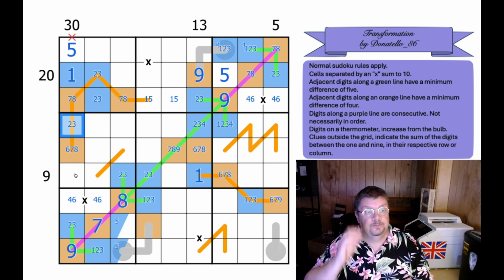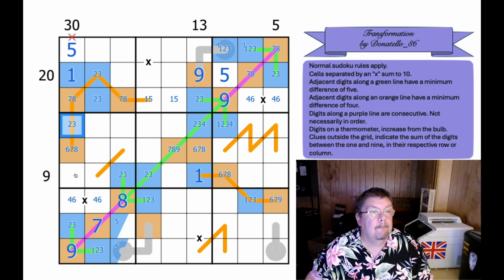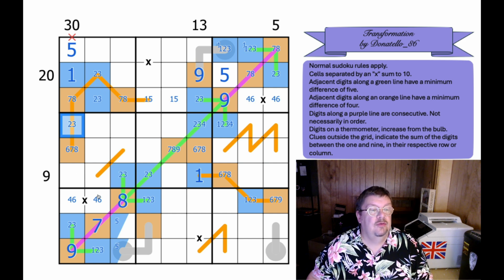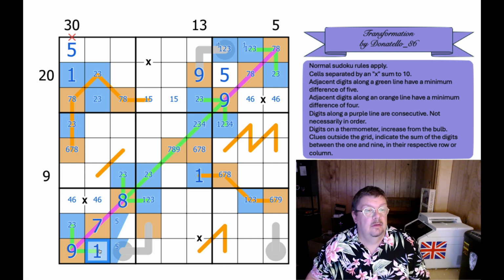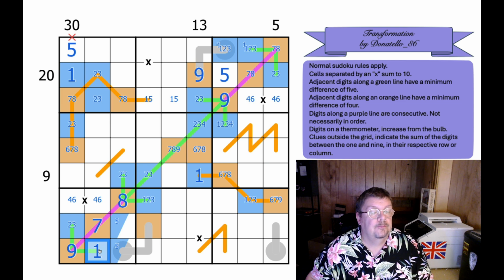Okay. This 2-3 pair makes this a 1. Aha! That means that that can't be a 1, so that's not a 5.